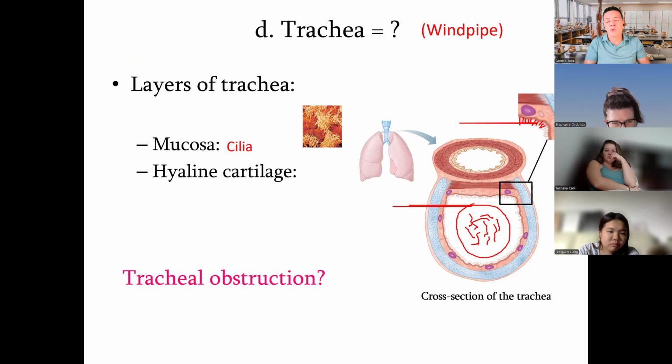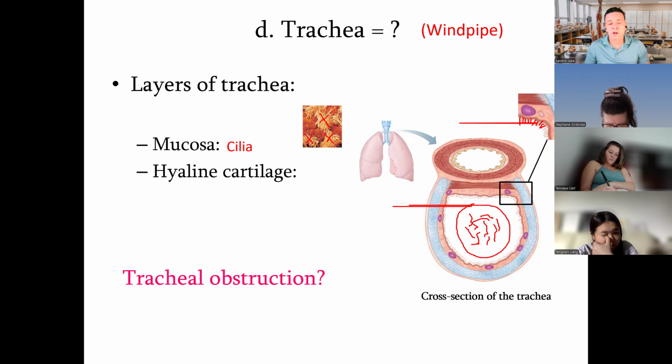What allows the mucus to move upwards in the respiratory system is the cilia, a movement that is called the ciliary escalator movement. Not the ciliary elevator, the ciliary escalator. Okay? And take a wild guess what's going to happen if the cilia is destroyed, guys.